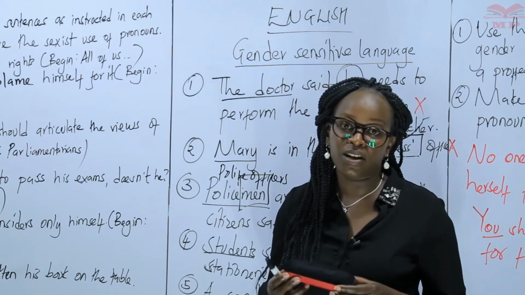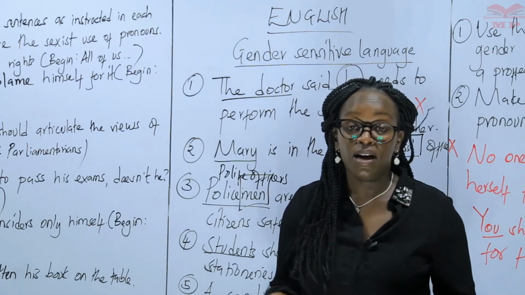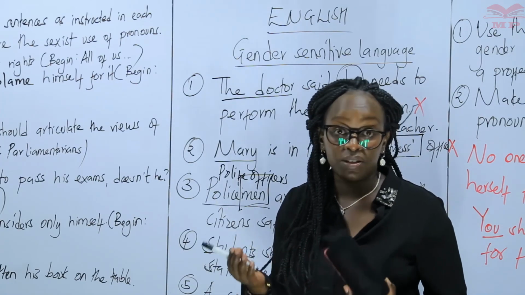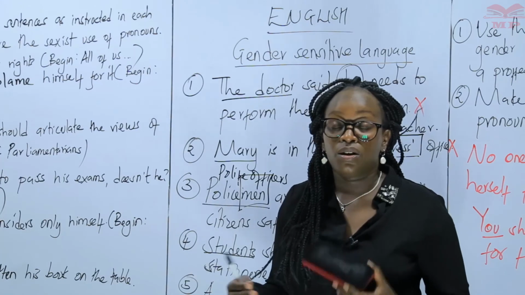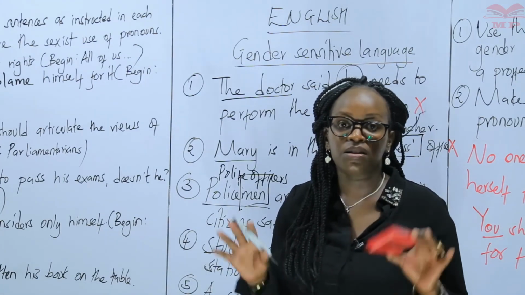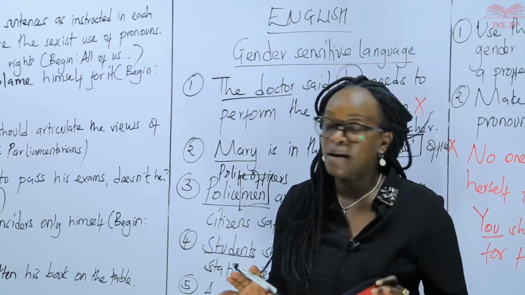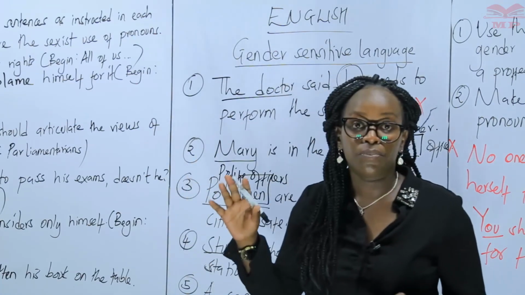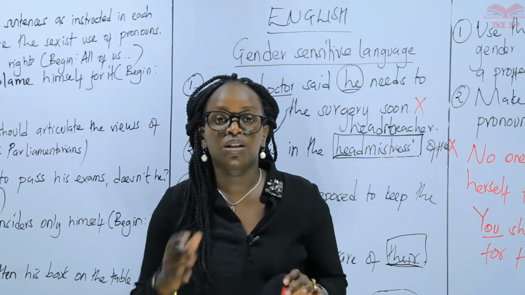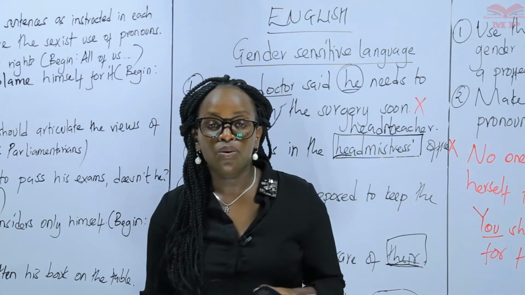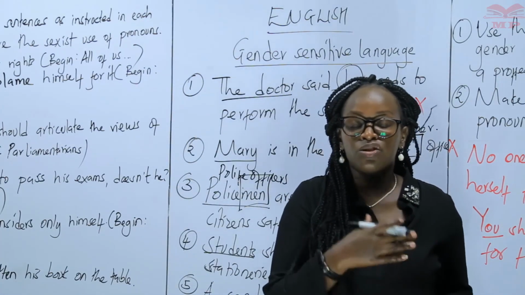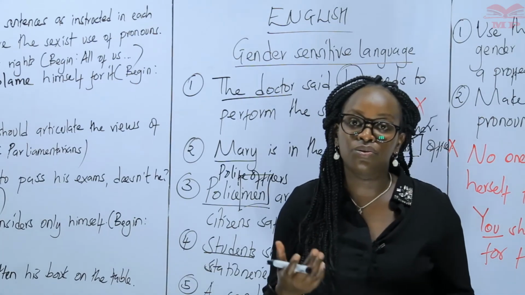The same goes for reflexive pronouns, because we have herself, himself, and we have others that are neutral like yourself and themselves. If you are unsure about the person's gender, just use a gender neutral term or a gender neutral pronoun. If you know the term that is associated with the person's gender, like we have an actor for a male and actress for a female, go ahead and use those ones.